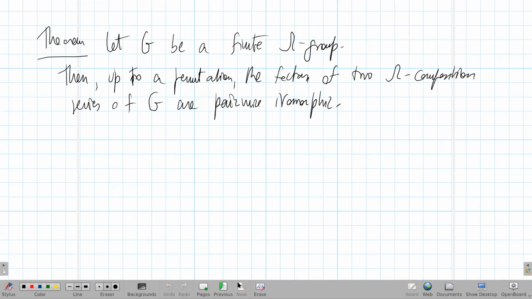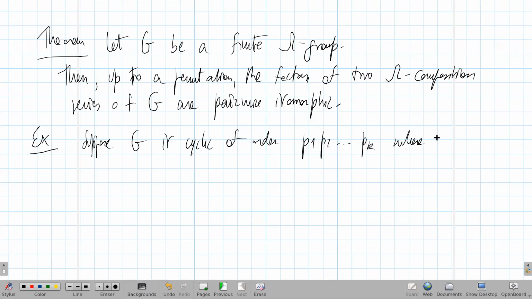And let's see how this theorem develops. Perhaps I'll give you an exercise. I should remember to add it because I don't think it was in the sheets I handed out 2 years ago. Suppose G is cyclic of order p1 p2 ... pk, where the pi are distinct primes, okay?